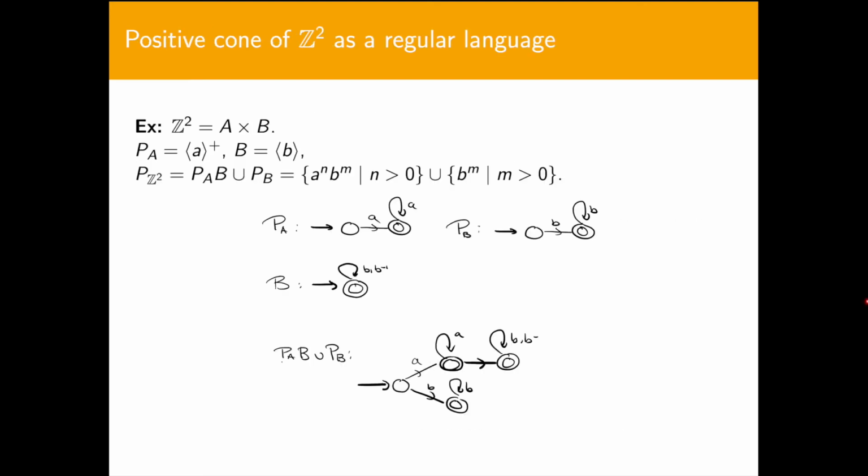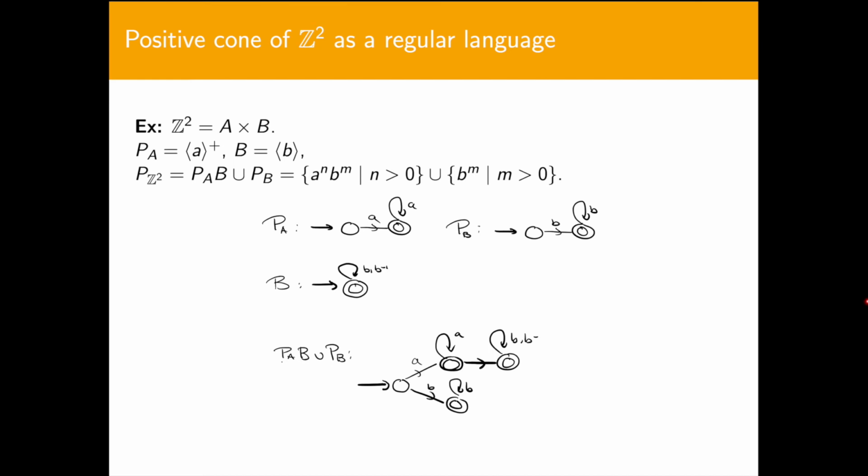So here, I just wanted to show you that a positive cone for Z squared can be represented as a regular language. So here we have P_A and P_B, and we have P of Z squared with P_AB, where P_A is just positive A's and P_B is just positive B's, right?